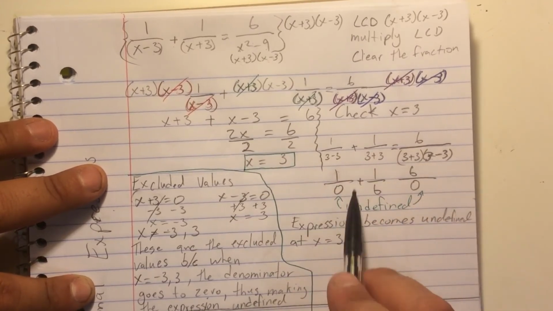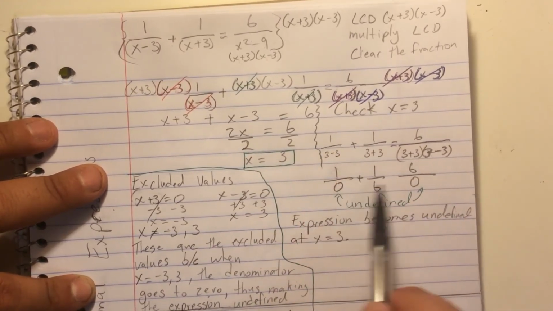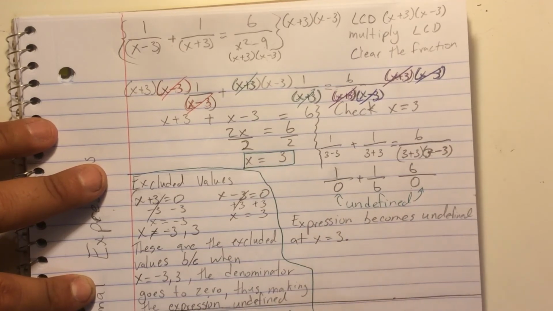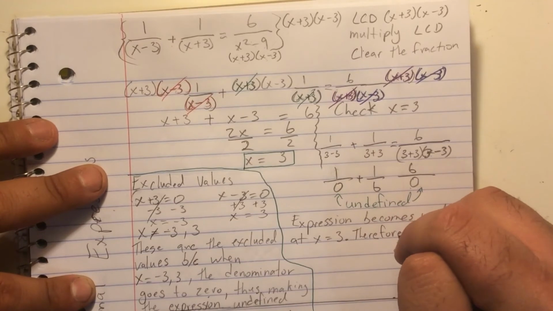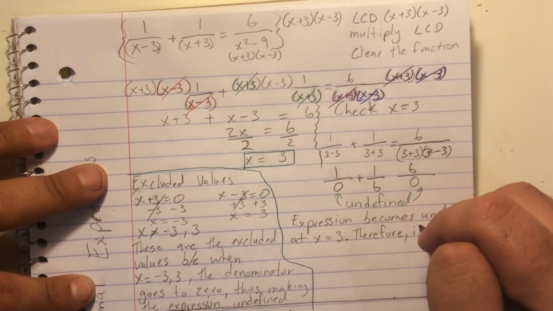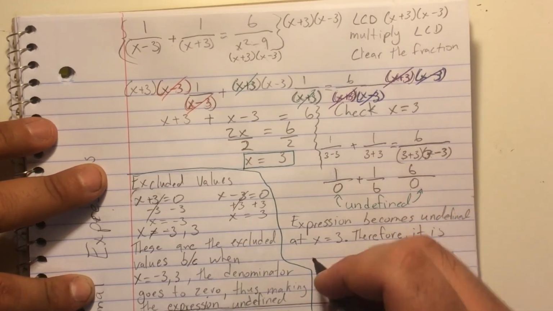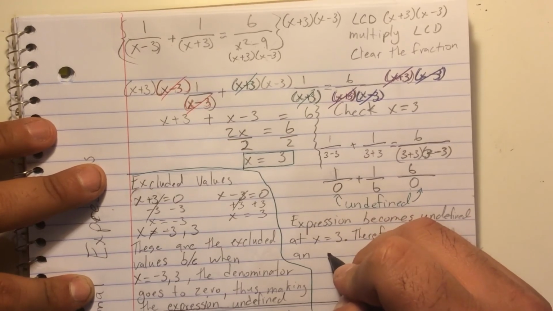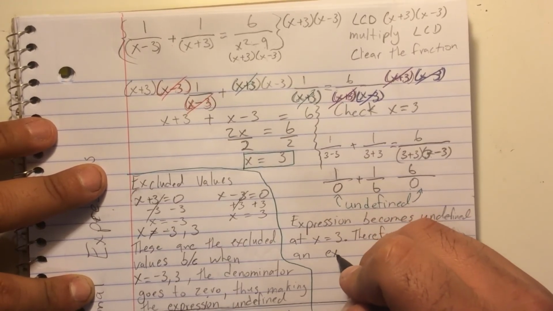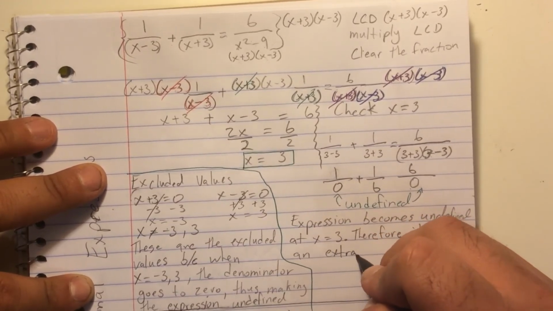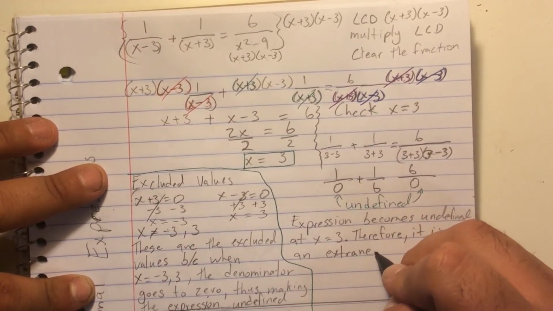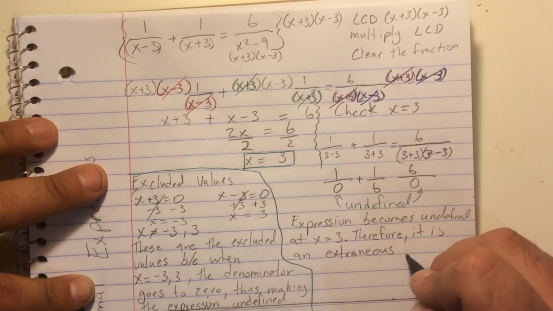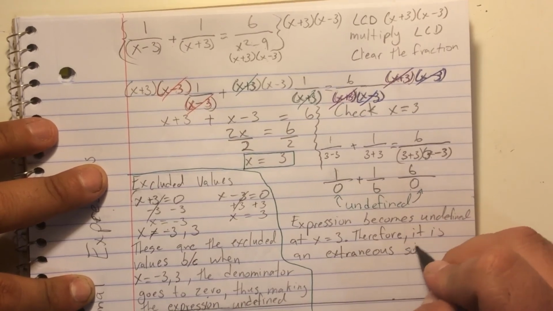Okay, because when x equals 3, we saw we got 0 here and 0 here, so it's undefined. Therefore, it is an extraneous solution. So the other ones we did so far, we had 2 that were not extraneous solutions. Now we have 2 that are extraneous solutions.